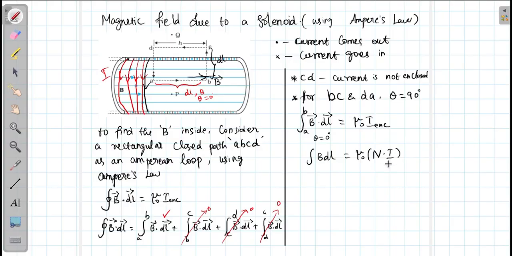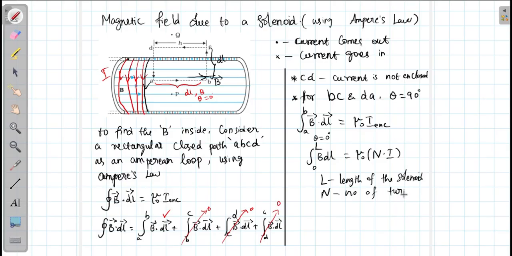You have to be very careful: the enclosed current is N times I. And the integration extends from 0 to L, where L is the length of the solenoid and N is the number of turns.